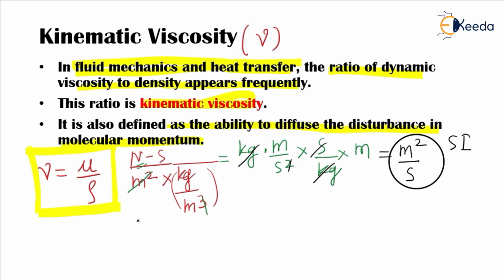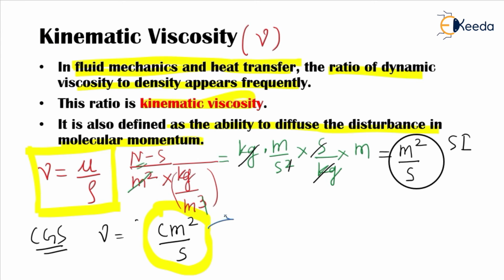Now in CGS unit, obviously instead of meter, the new unit will be centimeter square per second. So obviously this is going to be the unit for kinematic viscosity in CGS. This is also known as, what is the name?